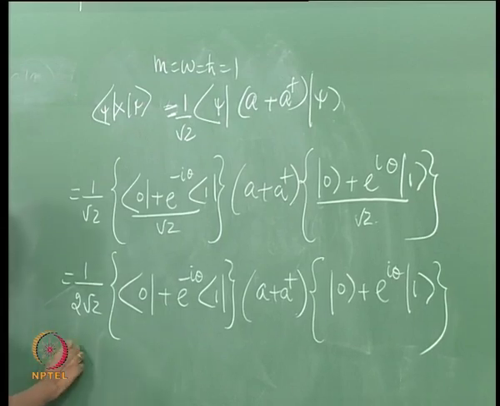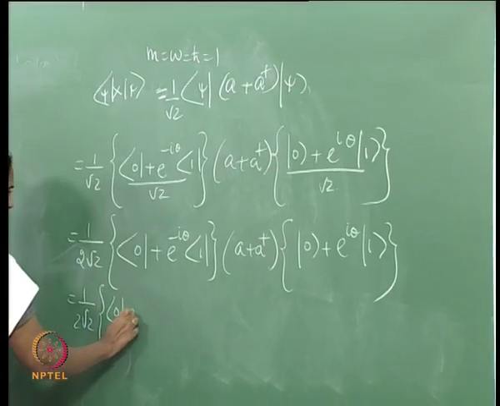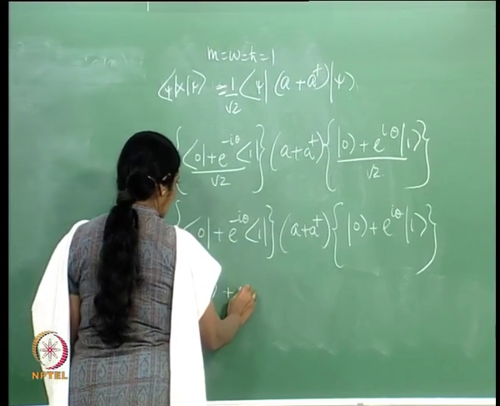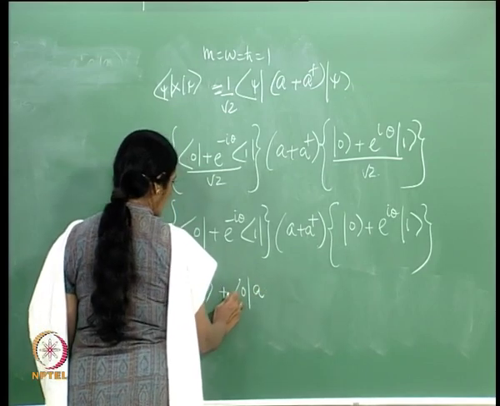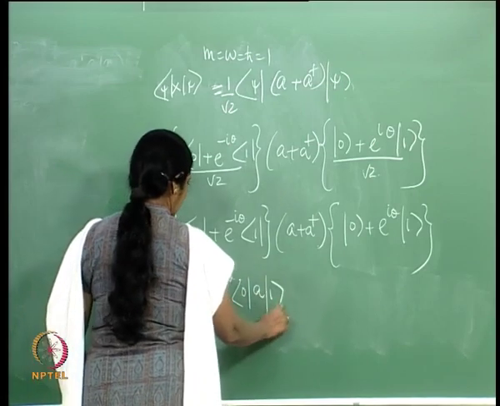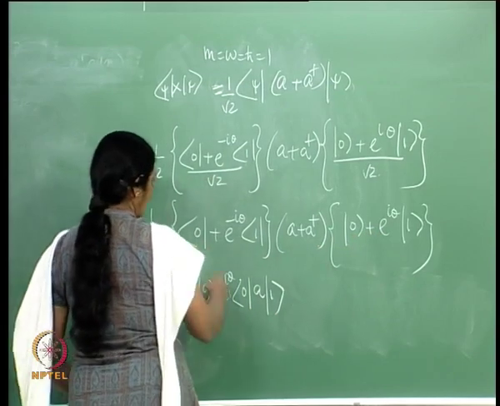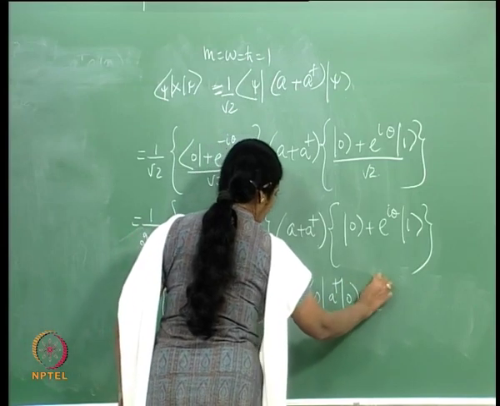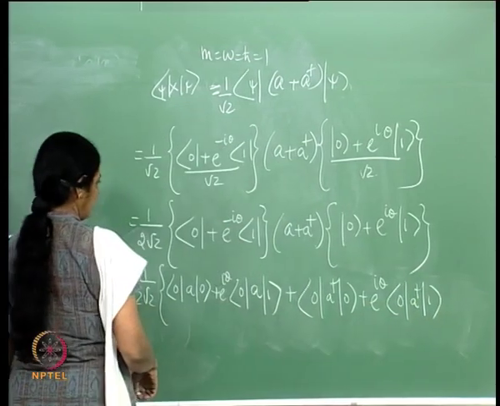This involves the following terms. First, I have <0|a|0>, then I have <0|a e to the i theta|1>, that is what I have worked with first. Then I have <0|a dagger|0> plus e to the i theta <0|a dagger|1>.